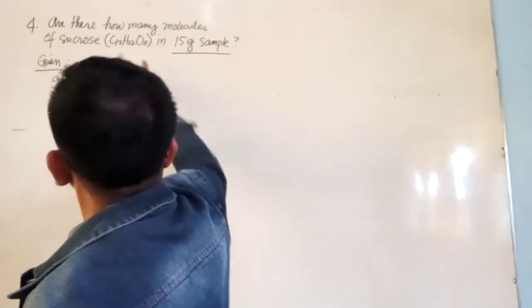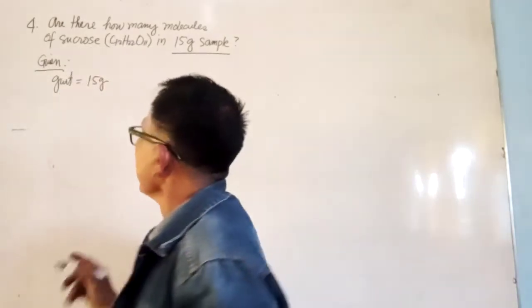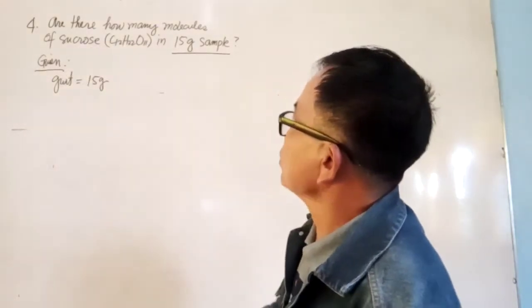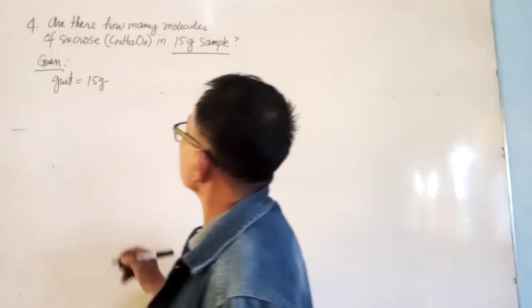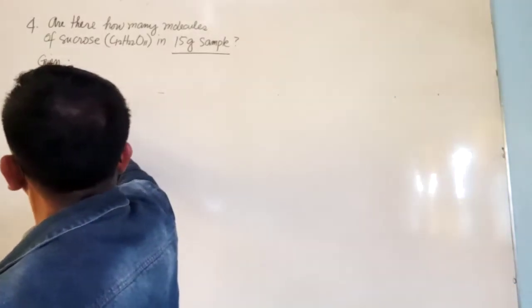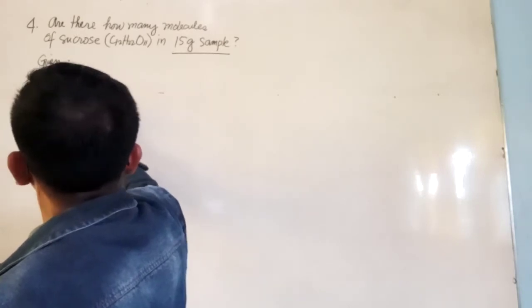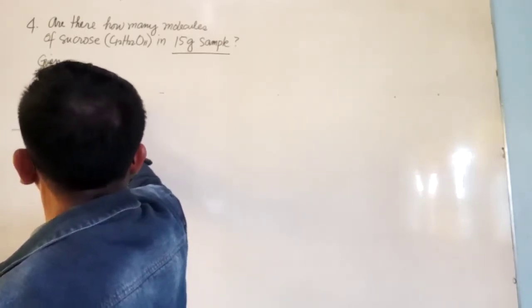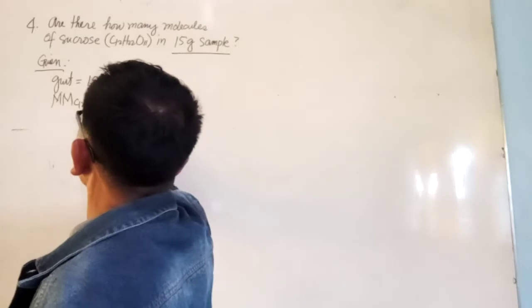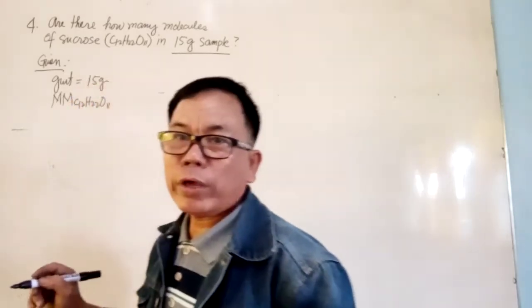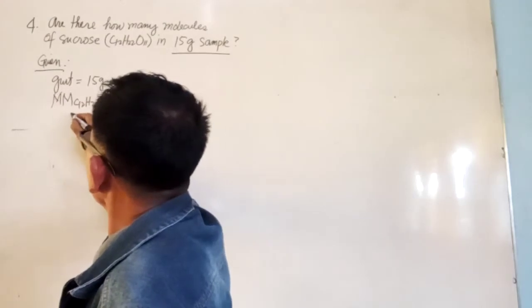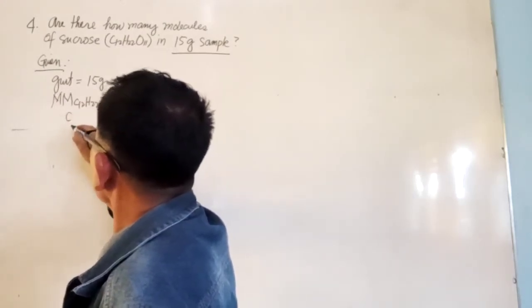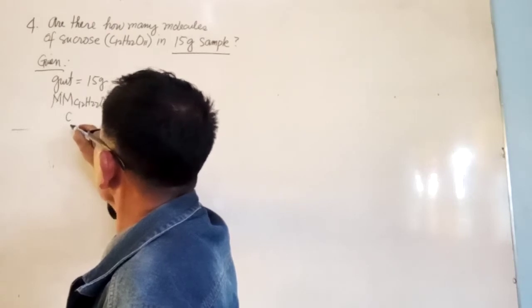What's next? We can compute the molar mass of sucrose, since its formula is C12H22O11. From there, we can find the total weight of these elements in the molecule.